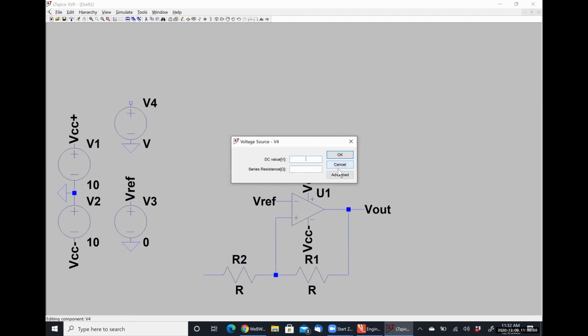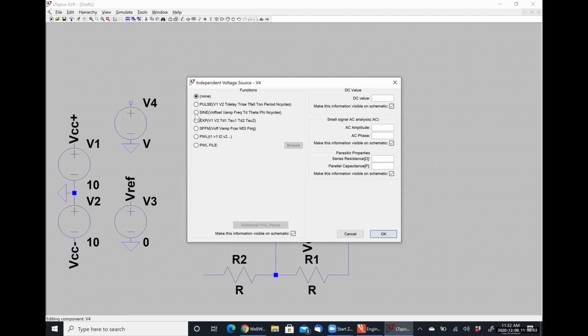I am going to make this a simple triangular wave, so I'm going to do this as a pulse. Its initial voltage is minus 10 volts, then when it turns on, it's positive 10 volts. There is no delay. It takes 1/2 of a second to rise, 1/2 of a second to fall, and then it doesn't stay on. So effectively, it's rising from negative 10 to positive 10, and then immediately going from positive 10 down to negative 10. And the period will be exactly 1 second, which will make this really easy to look at.